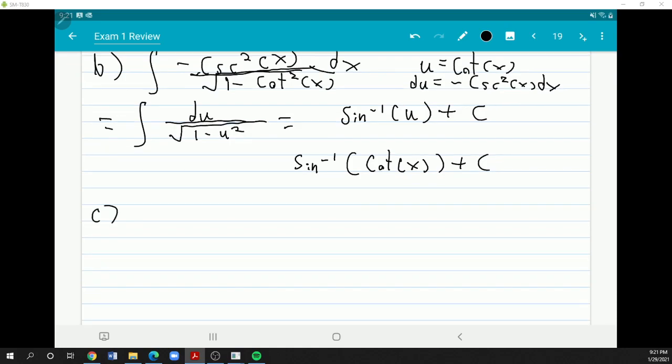See, this one looks like a monster. So the integral of e to the x over e to the x plus 2 times the square root of e to the 2x plus 2e to the x plus 3, dx.